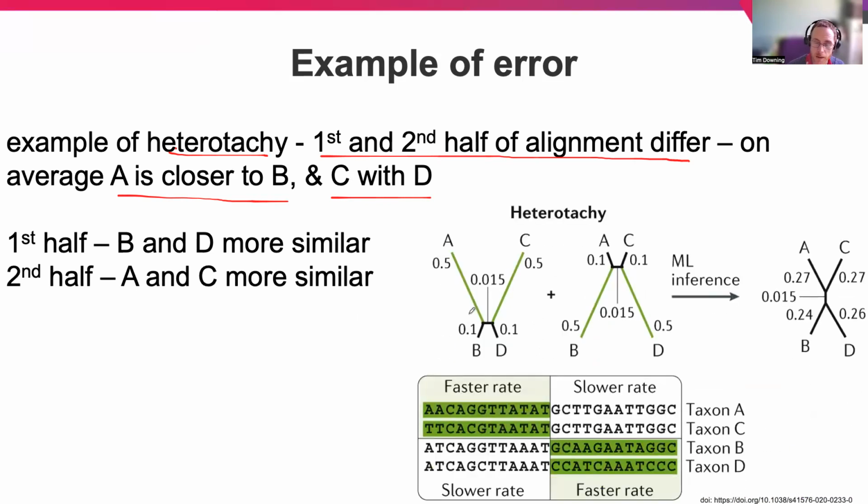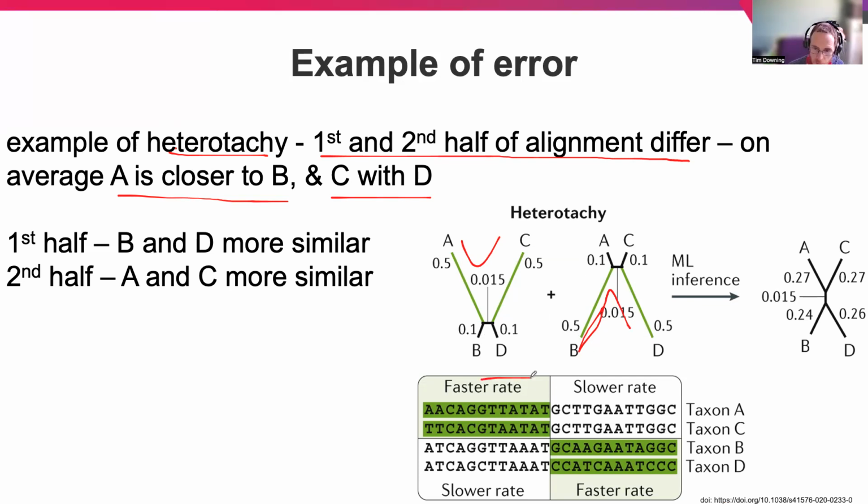Therefore we have long branches for A and C in the first half, and then for B and D in the second half. An appropriate inferential model to handle this needs to consider longer divergences between, say, A and B versus C and D.